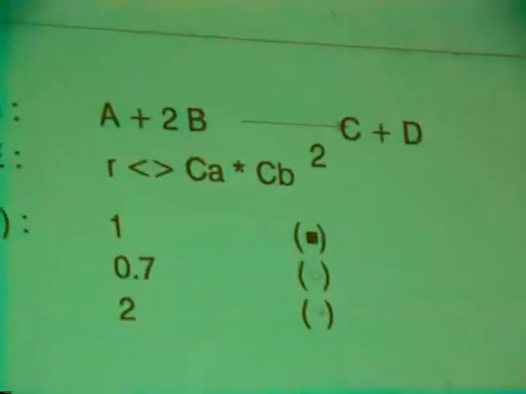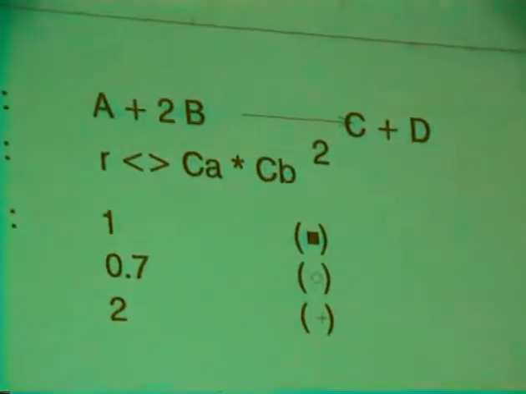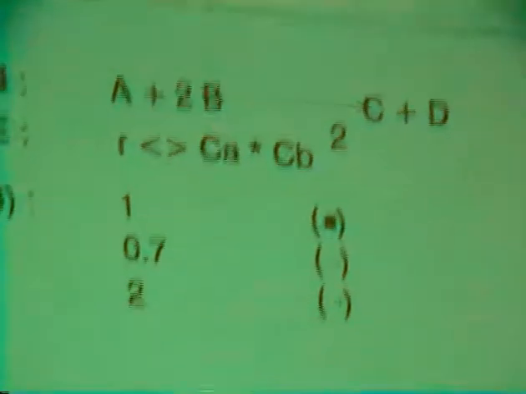For other kinds of rates, same reaction, but the rate now is a constant times the square of the partial pressure of A times the square of the partial pressure of B. And also different ratios.